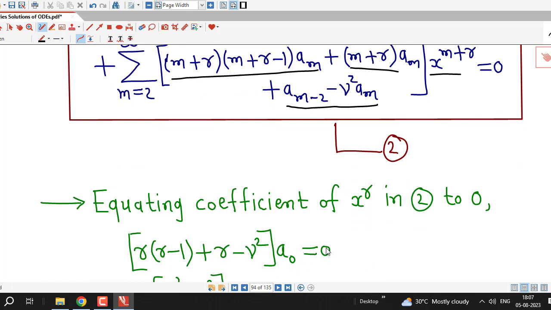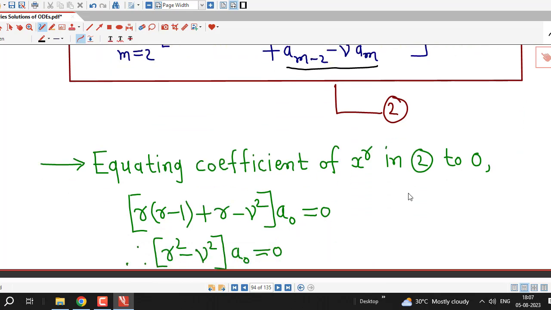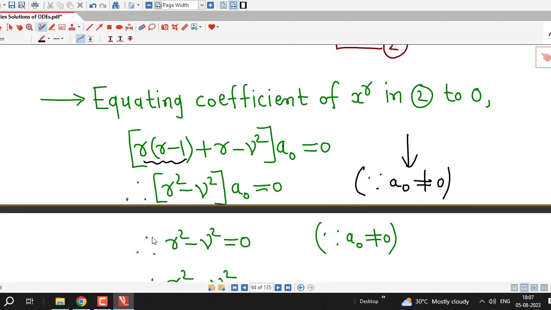Now whenever we assume a Frobenius series solution, we start with the assumption that a0 is non-zero, and this is going to be r² minus r plus r, so r will cancel out, and we have (r² − ν²) a0 equal to 0, and because of this assumption we must have r² − ν² equal to 0.